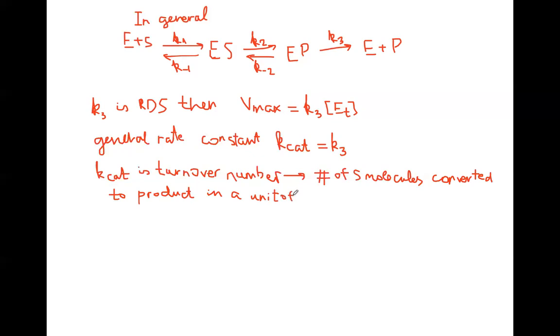So obviously the higher the Kcat, the more efficient is the enzyme.